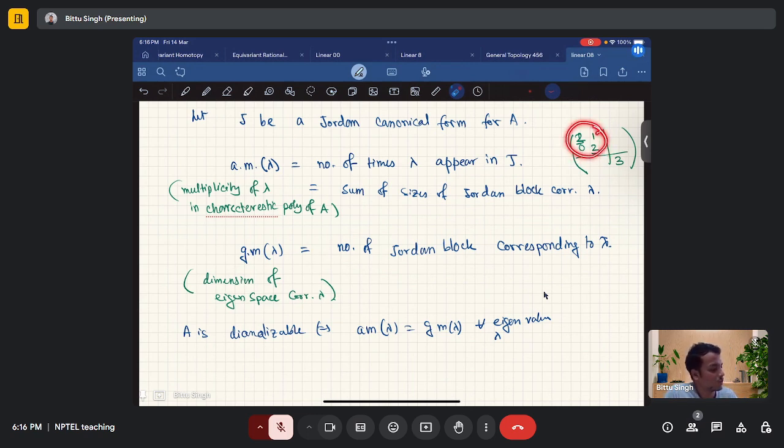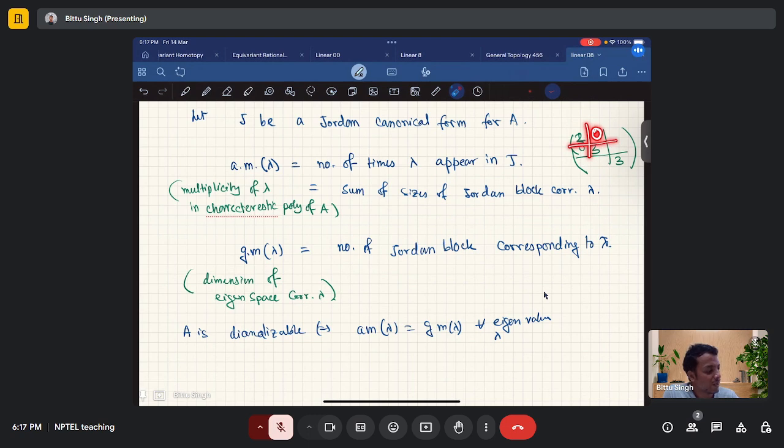There is another Jordan block 3, this 1 by 1 matrix. So geometric and algebraic multiplicity will be the same if and only if those blocks are 1 by 1 blocks.